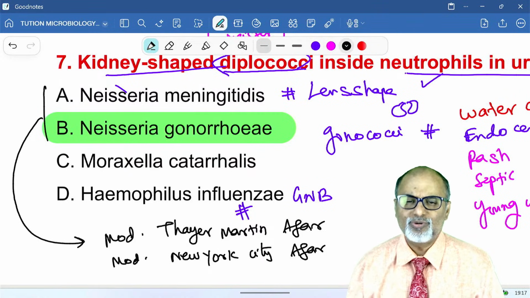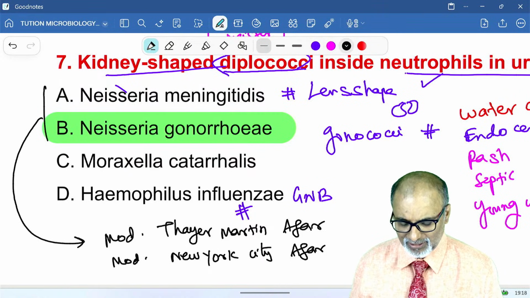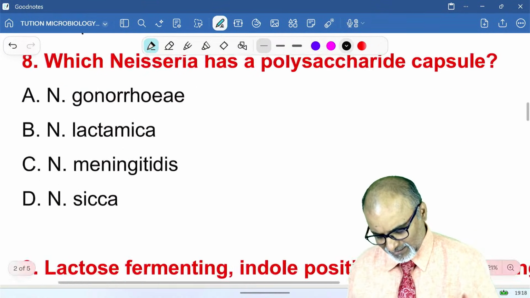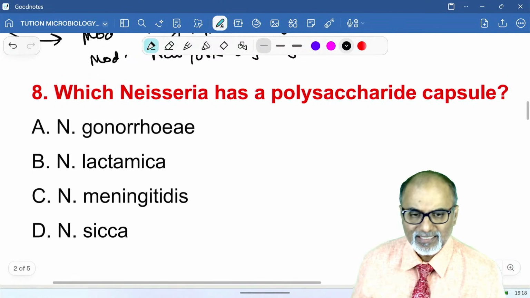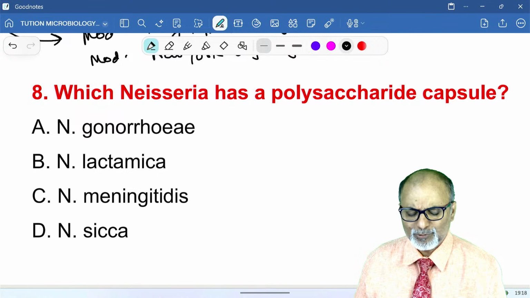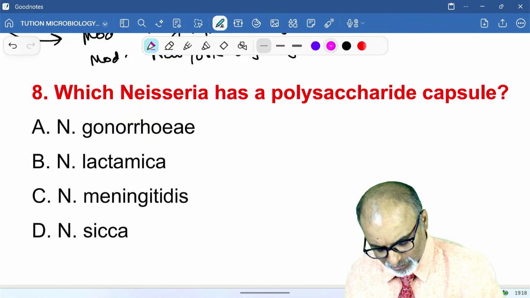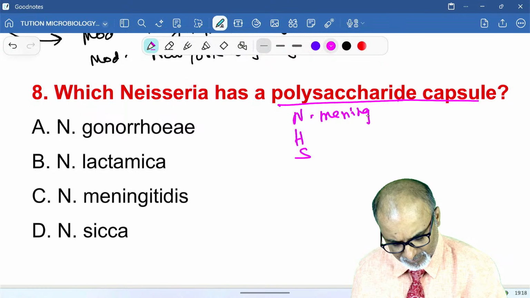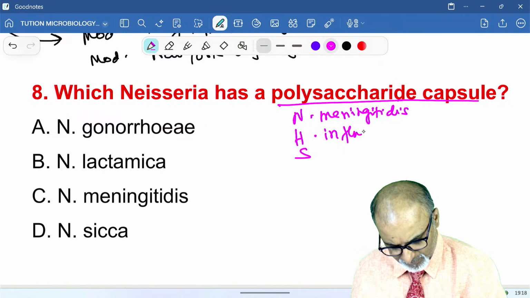You must know gonococci and meningococci in and out, not only from the exam point of view but for day-to-day practice. Next is, which Neisseria has a polysaccharide capsule? Polysaccharide capsule is mainly produced by three pathogens, the NHS organisms: Neisseria meningitidis, Haemophilus influenzae, Streptococcus pneumoniae.